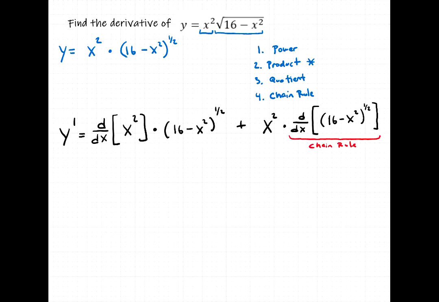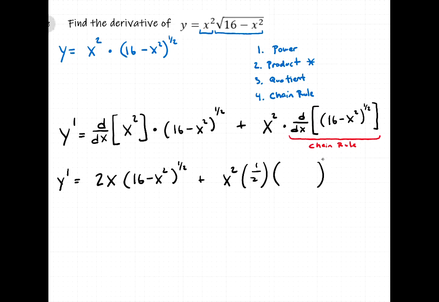Okay, so let's see what we got. Y prime is equal to derivative of x squared is 2x. Okay, so we have 2x times 16 minus x squared to the 1/2 power plus x squared, and then we'll use the chain rule here for the derivative of the 16 minus x squared to the 1/2. So the 1/2 power comes out front and decreases by 1.